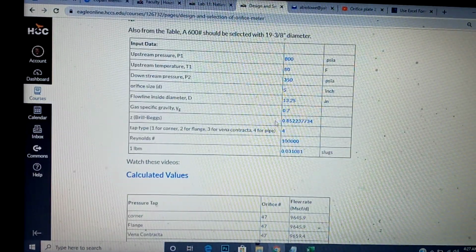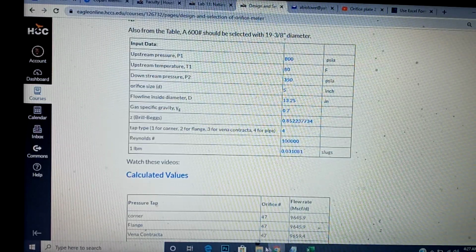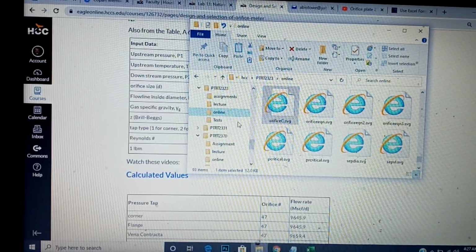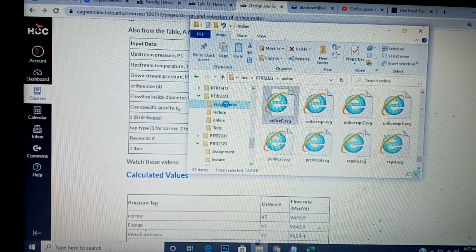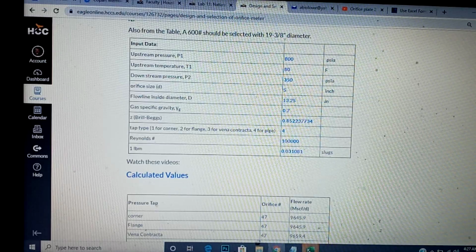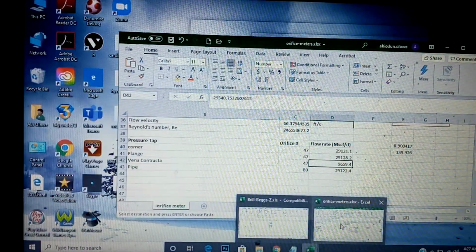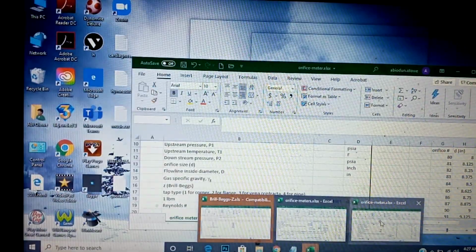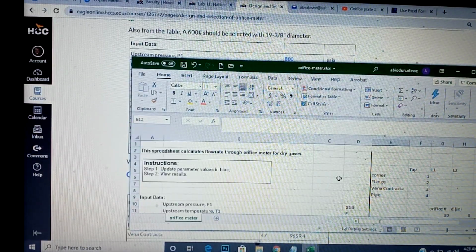So let's go straight to the template. I'm going to open the template. Now, this is the input I'm going to put in the template. I'm just going to do that first. Okay, so this is the template.